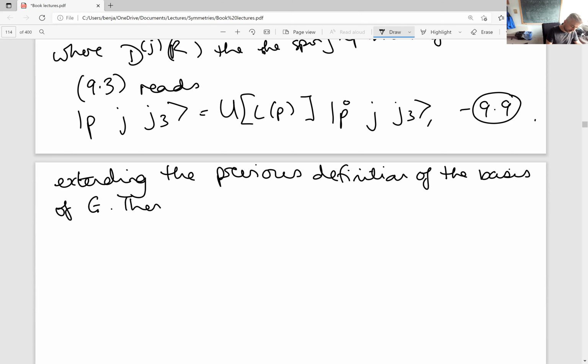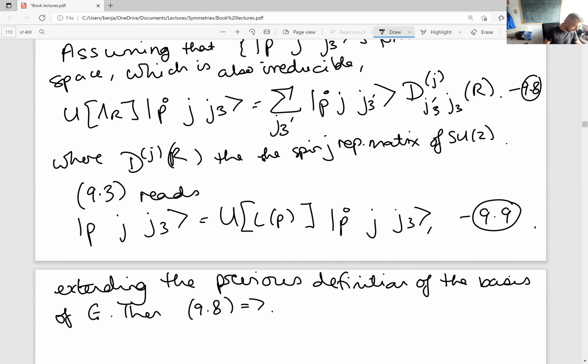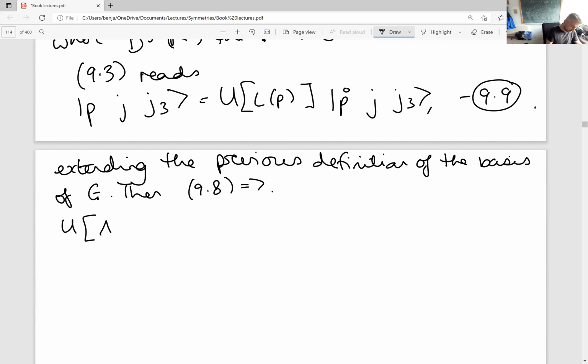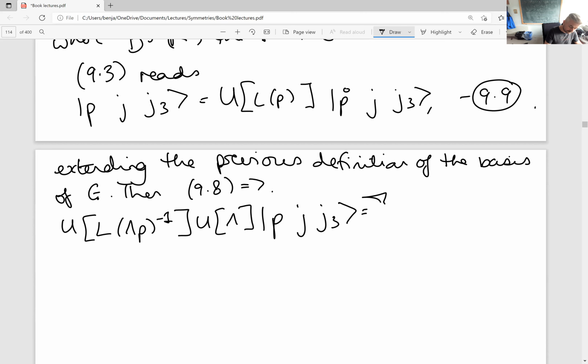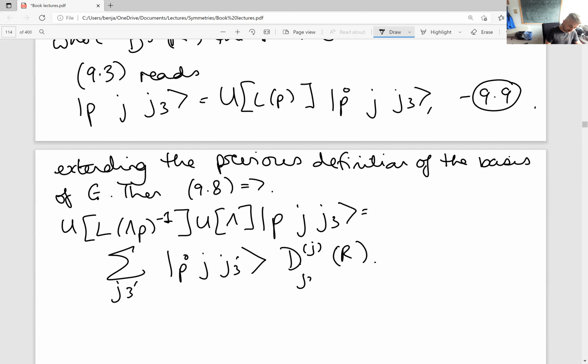So then 9.8 implies, well, we just substitute in for lambda R here, that U of L of lambda p to the minus 1 times U of lambda acting on p J J3 is the sum over J3 prime of p dot J J3 prime, D^J representation J3 prime J3.